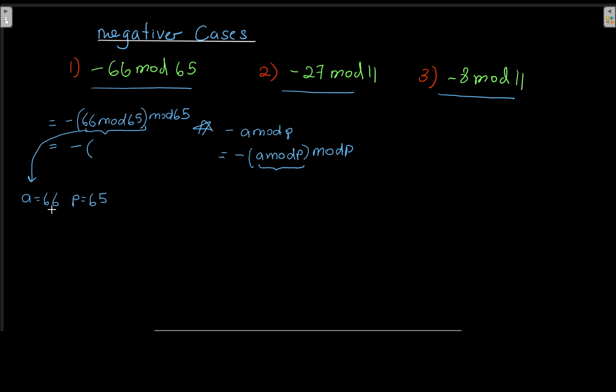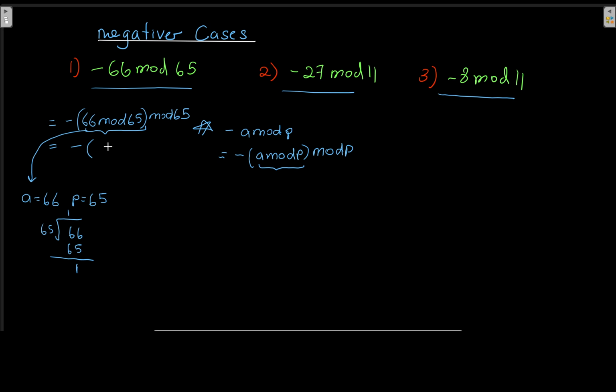The A value 66 is more than the P value, so we have to find the remainder, which is 66 divided by 65, which is 1.